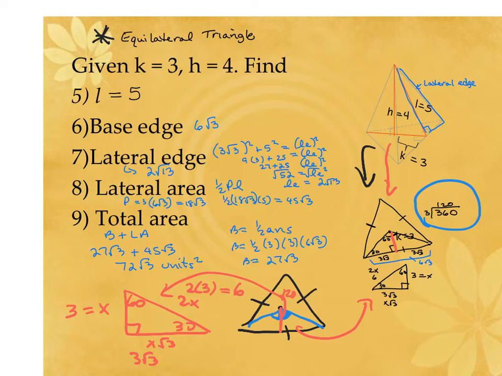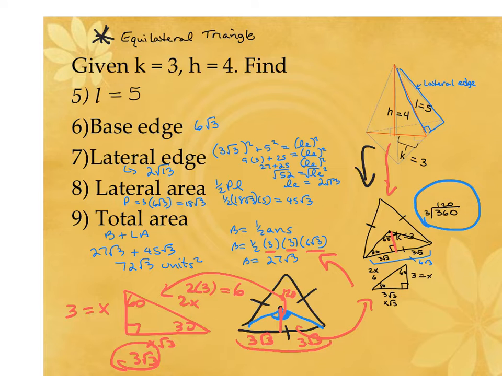Now that I have that information, I can go back and find my base area, 1/2 a n s. My a, my apothem, was 3. The number of sides is 3. And my side length is 6 square root 3, because remember, this was 3 square root 3, and so is this.